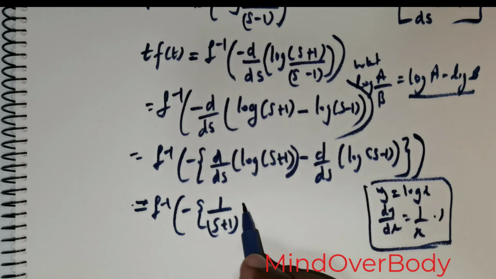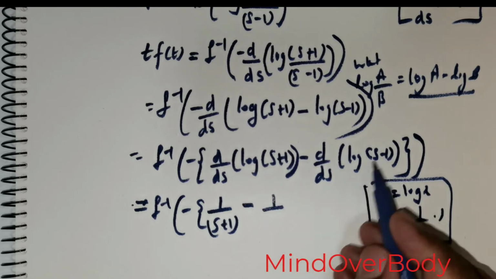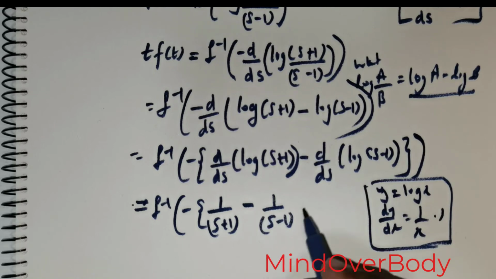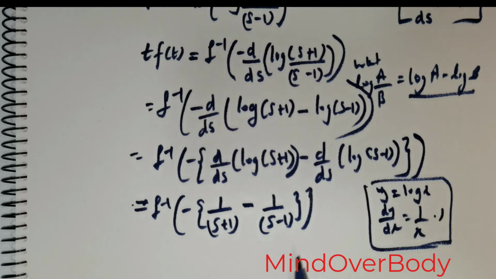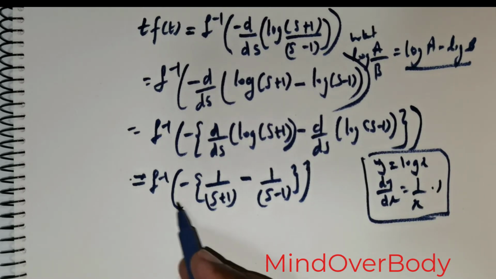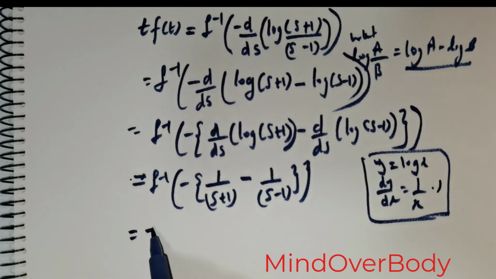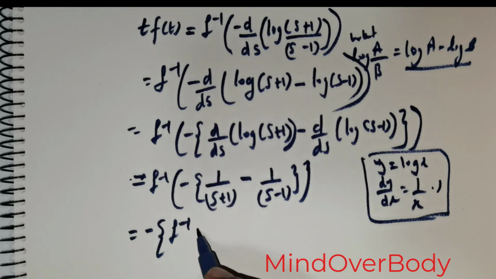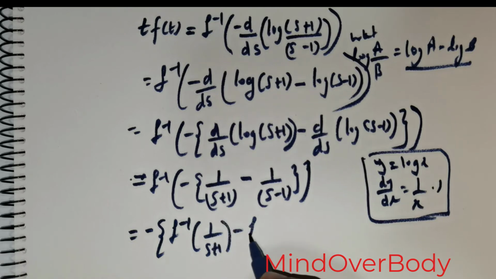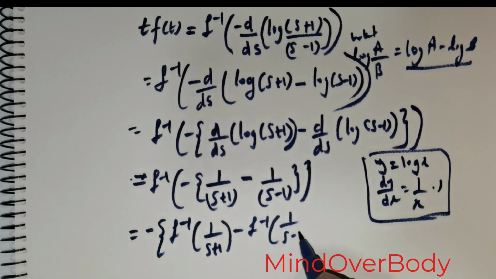It's just going to be 1, followed by, in this case, 1 over (s-1). So that is fine. Now you got this negative sign. I can just take the negative sign out by linearity. Now if I take the negative sign out, I can bring the L inverse inside. So this is going to be L inverse of 1 over (s+1) minus L inverse of 1 over (s-1).